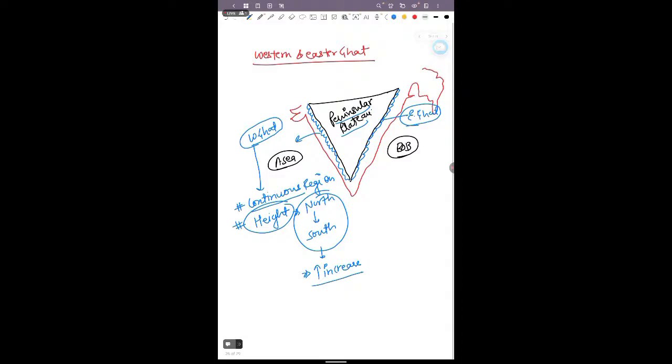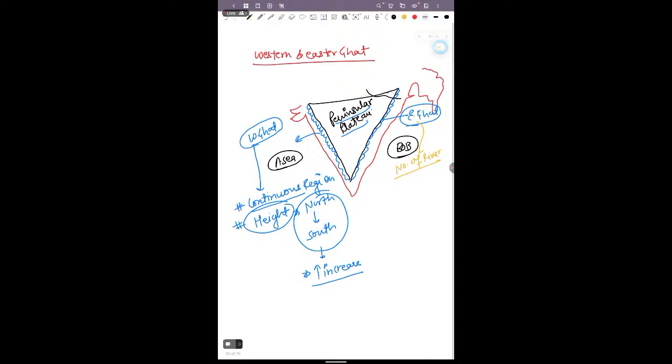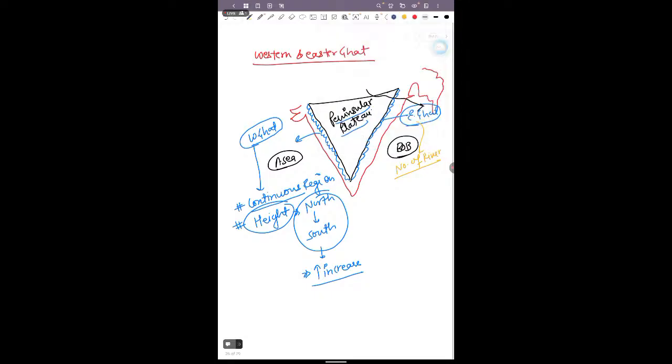While if we talk about the Eastern Ghats, because of the number of rivers that flow there, if we see through the map, there are a number of rivers like the Mahanadi, and later the Godavari, the Krishna, and the Kaveri.